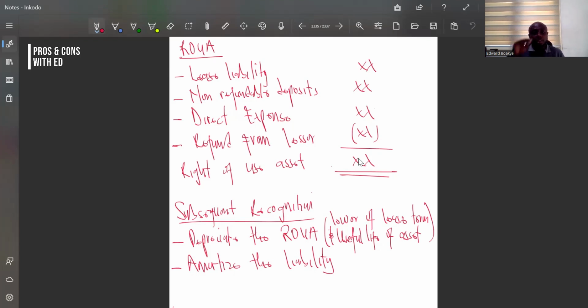As I said, sale and leaseback will be dealt with separately because it has some level of misunderstanding that students normally get. So we are going to take it separately. Today, this is where we will call it a close.